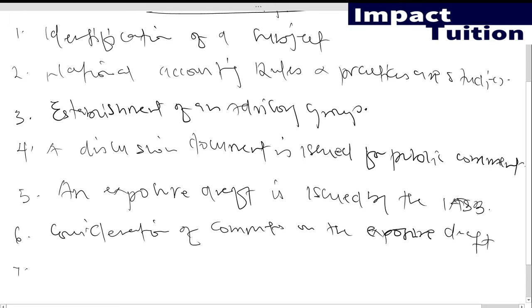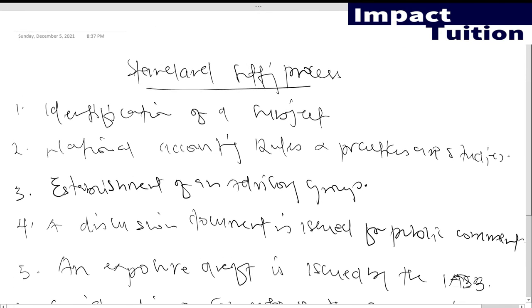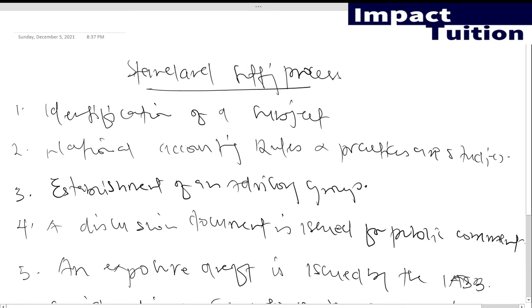And then finally, an approved IFRS is published, subject to the appropriate level of IASB approval. So these are the 7 processes involved in the standard setting process.